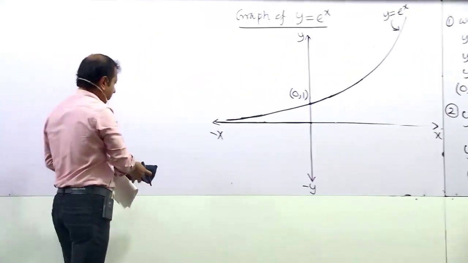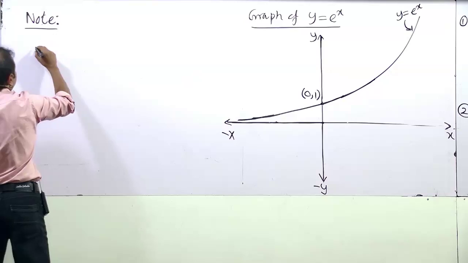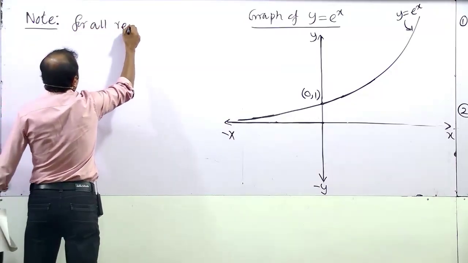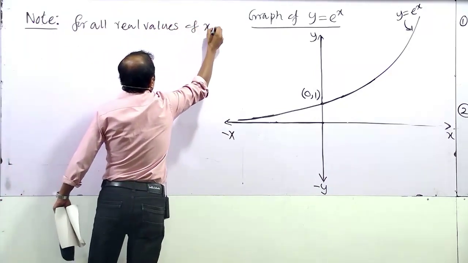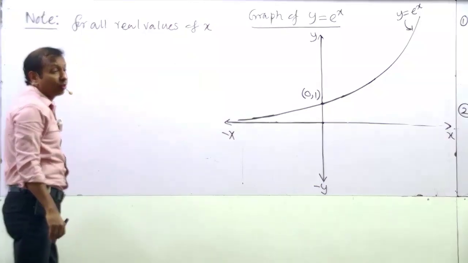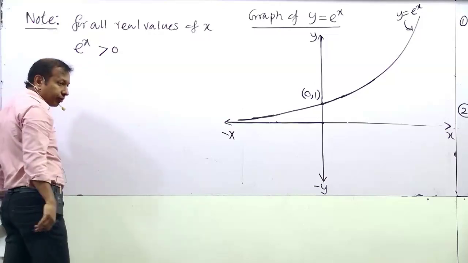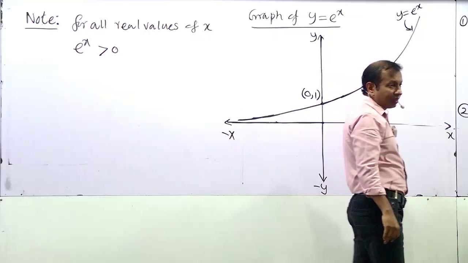What's the note? For all real values of x, e^x is greater than 0. People, what is e^x?